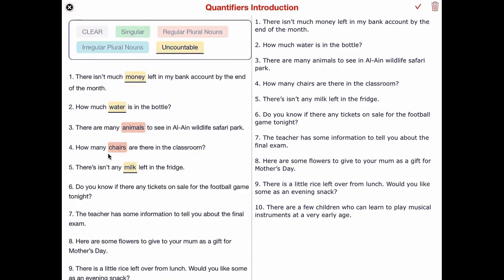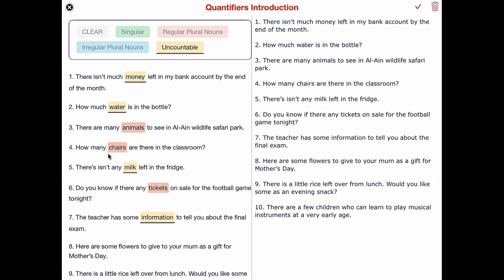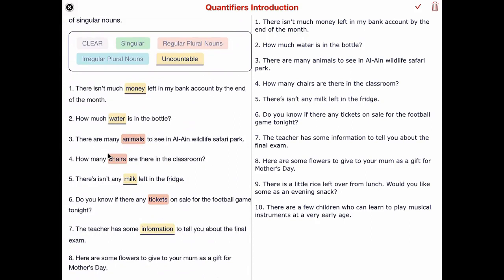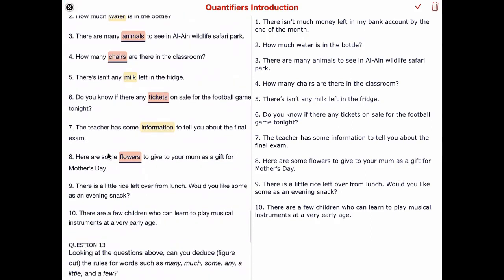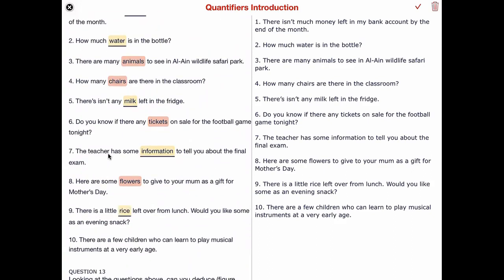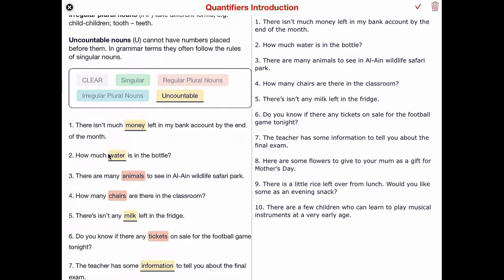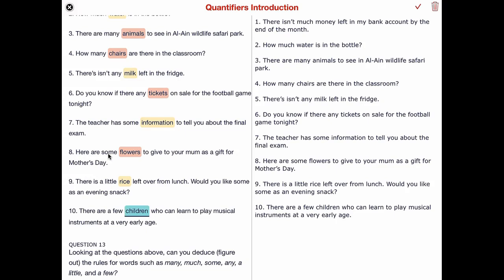Tickets, it's got an S on the end. Information, though, you can't have many information. And children, the plural of child.